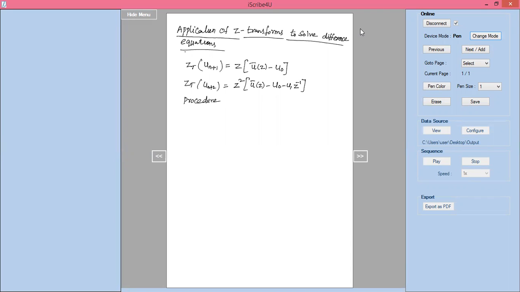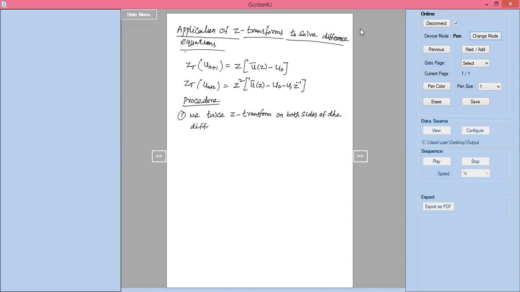First, we take Z transform on both sides of the difference equation.